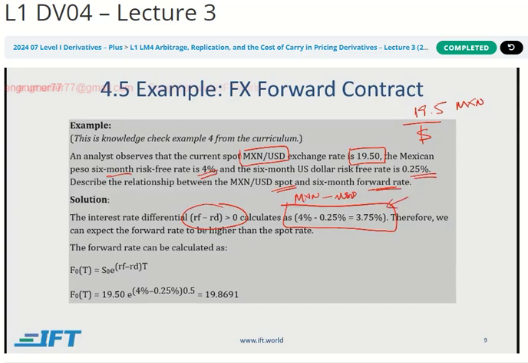So naturally this is greater than 0, which means the forward rate will be greater than the spot rate. How do we calculate that? We take the spot rate and multiply it with e to the power (RF minus RD) multiplied by the time, which is 6 months, or 0.5, which is 6/12. That is how you calculate the forward price for foreign currencies.